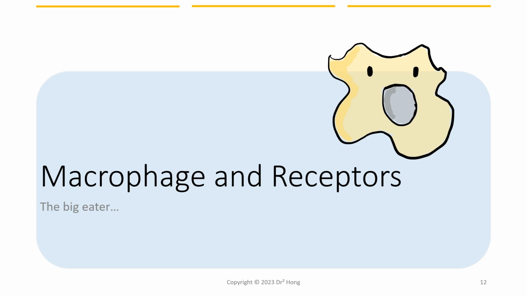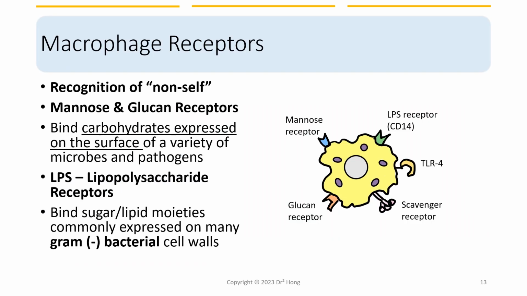Macrophage, the big eater. Remember, pattern recognition receptors are designed to recognize things that are non-self, meaning they are from pathogens. Here are two receptors, mannose and glucan receptors. They can bind to carbohydrates expressed on the surface of a wide variety of microbes and pathogens.